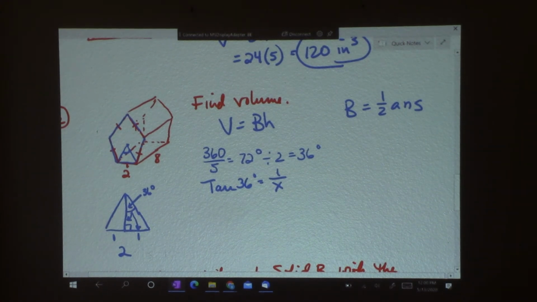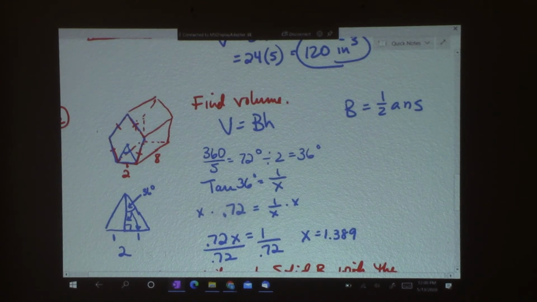And when I work that out, I get 0.72, I use the calculator, and now I have to multiply by x on both sides. So I get 0.72x equals 1. And now I divide by 0.72. And I get x is 1.389. Okay? So now I know the apothem.